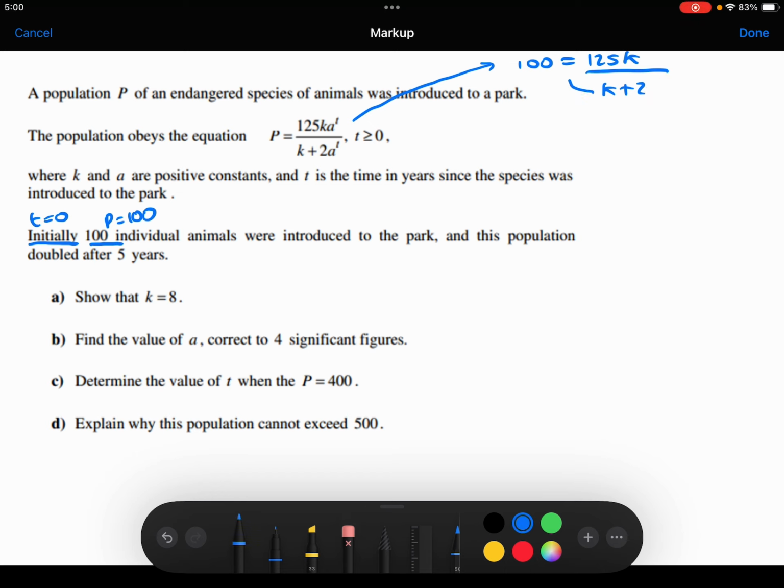We can now multiply both sides by k plus 2, so 100 times k and 100 times 2. Subtract 100k from both sides. Divide by 25, and k is 8, which is what we needed to show. So that is part A done.